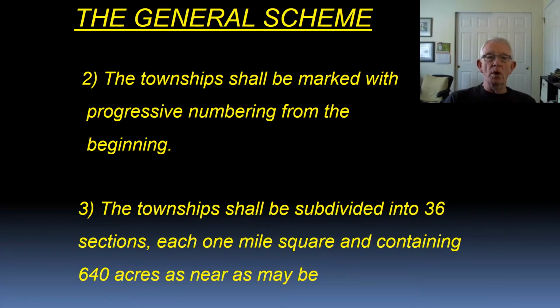Townships were marked with progressive numbering from where they began. The township is going to be further divided into 36 sections, each section being a mile square, containing 640 acres as near as may be.